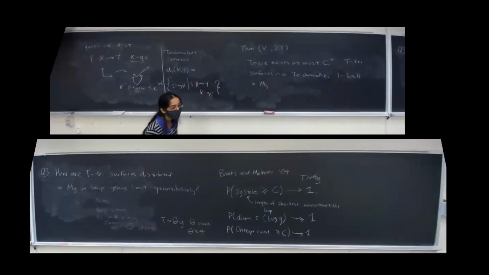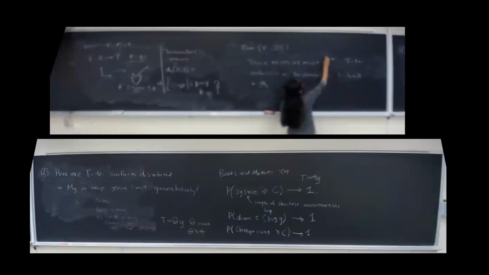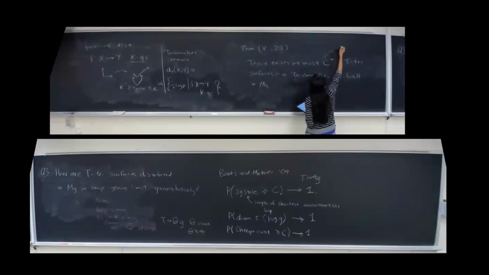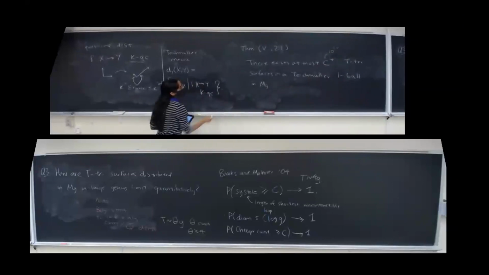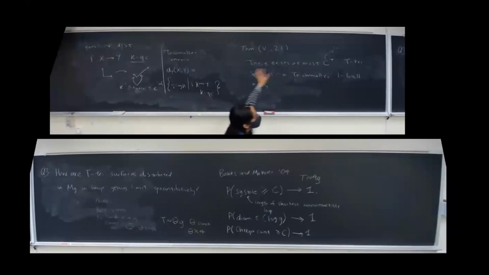Does C depend on G? No, C doesn't depend on anything. It's some very large number, but it doesn't depend on it. No constants in this talk will depend on anything they're not specified to depend on. Any other questions?